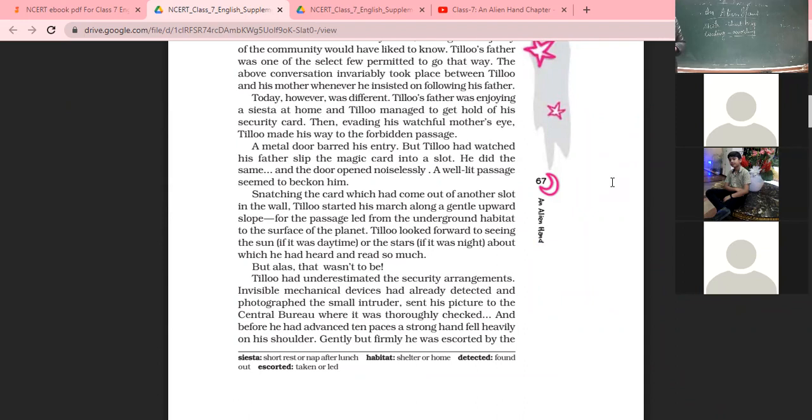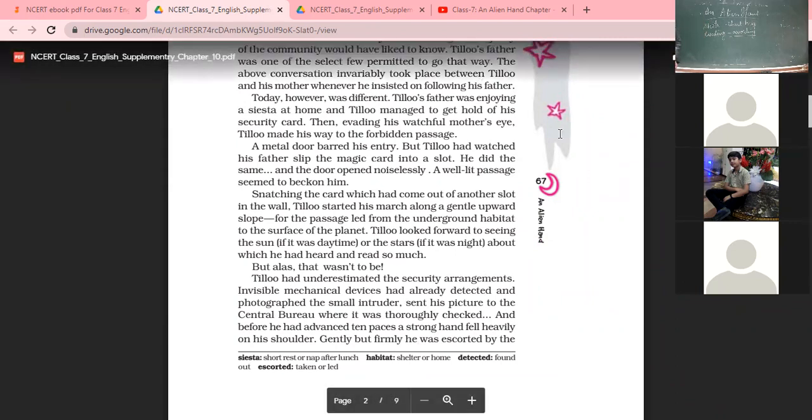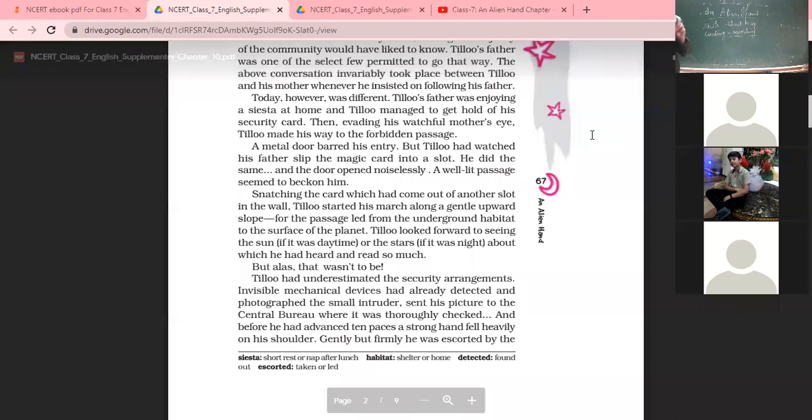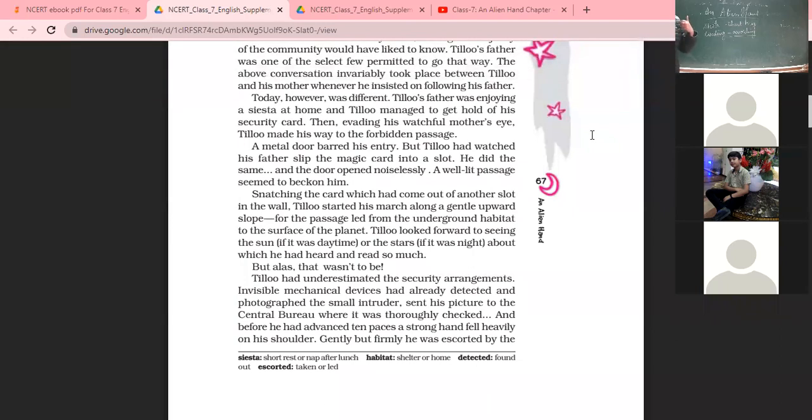Invisible mechanical devices had already detected and photographed the small intruder. There were small cameras installed in the passage. So the person who is observing this passage comes to know that a small intruder, someone who is not a common person going through this passage, has entered it. He sent his picture to the Central Bureau where it was thoroughly checked.